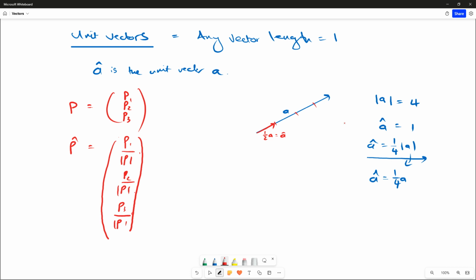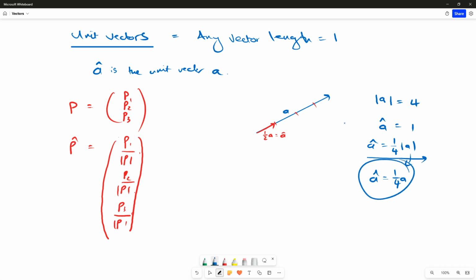Now, how do we get this? If I go back to the notation that we did here, I can see that this was the magnitude here. And if I bring the quarter into the bracket, I can rewrite this as the unit vector is actually equal to A over 4.